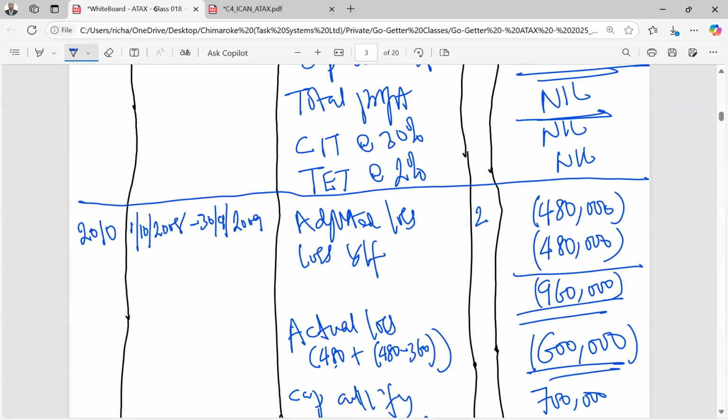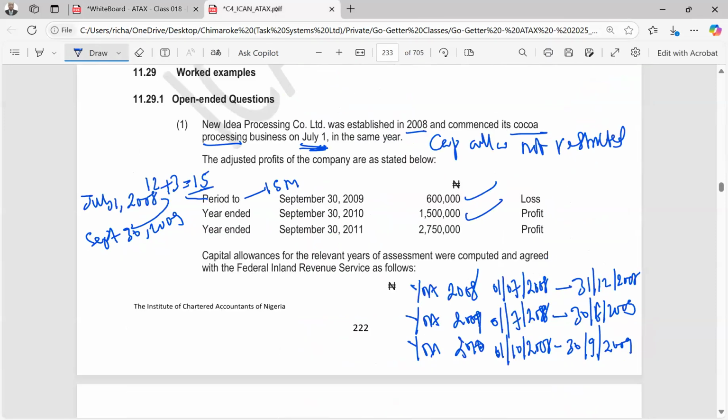And that's why we said this 480 is this one here. This 480 is this minus the remaining 9 months we can find here, because we cannot find 3 months, which is like 120. So if we remove the 360, the 9 months we find here, it's going to give us 120. 120 plus 480 gives us this 600. The same 600 we have been using.